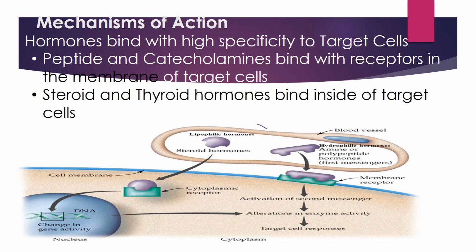Lipophilic hormones, which we have here, such as steroid hormones and those thyroid hormones, travel to target cells attached to these carrier proteins. And so at the target cell, they dissociate from the carrier protein and will diffuse across that plasma membrane, which here we have outlined in the blue.